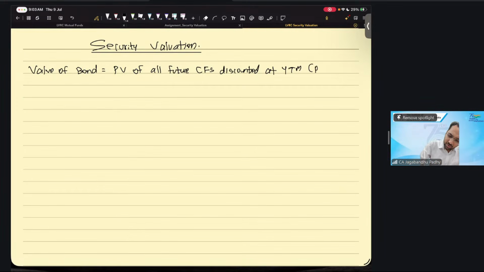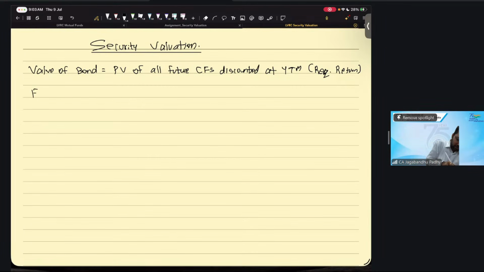YTM is the yield to maturity, and this is also what we call the required return. So present value of all future cash flows discounted at the YTM.